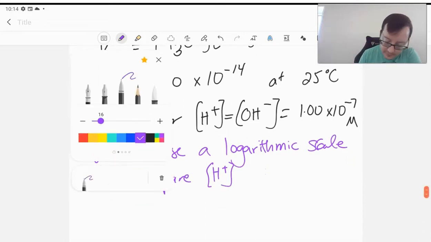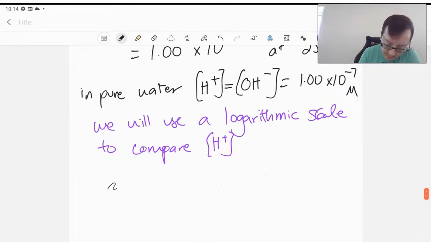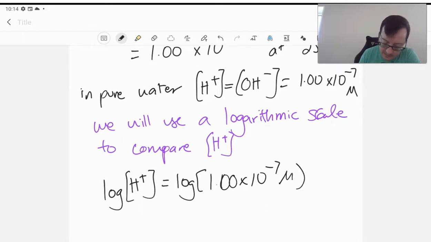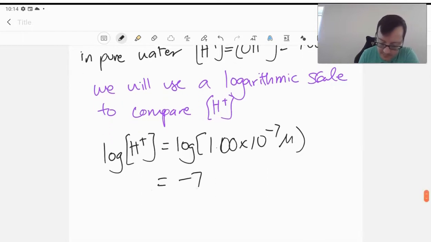And so if we take the log of this number, so if we say log of H plus is log base 10, by the way, this is not natural log, just regular log. Well, then that means that this number would be negative 7. But because we see that most hydrogen concentrations are with negative exponents, meaning that they're very small, we actually will use a negative log.